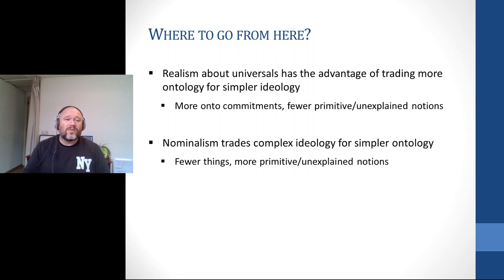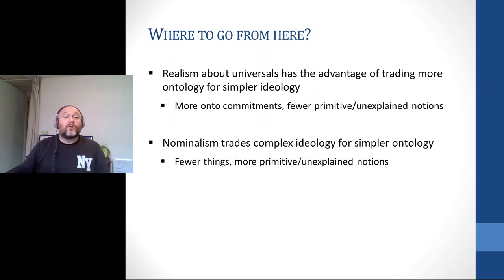We can explain away a bunch of predicates or concepts by appealing to the things we're committed to. In contrast, nominalism, in its various forms, tends to trade complex ideology for a simpler ontology. They don't need to posit at least two categories of entities, and so instead, they can say, we have fewer things, but this comes at the cost of having a bunch more primitive or unexplained notions.